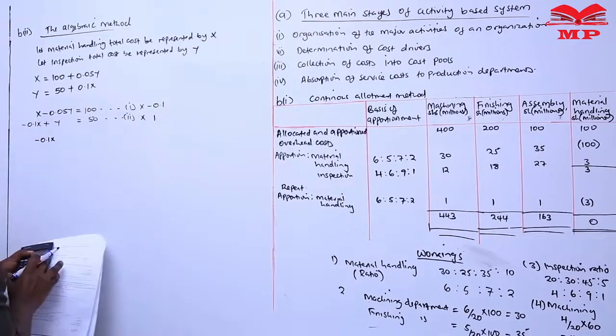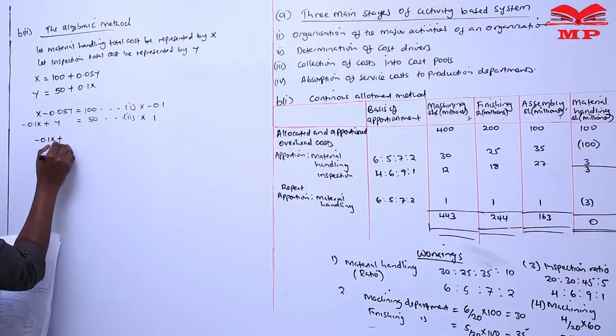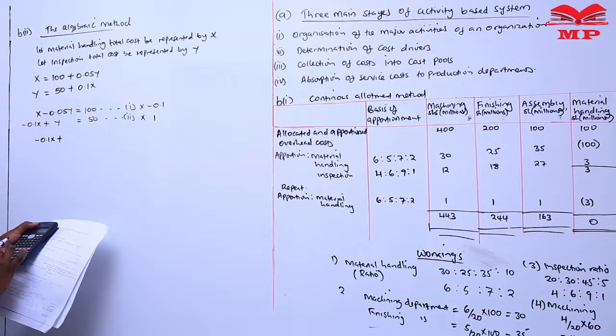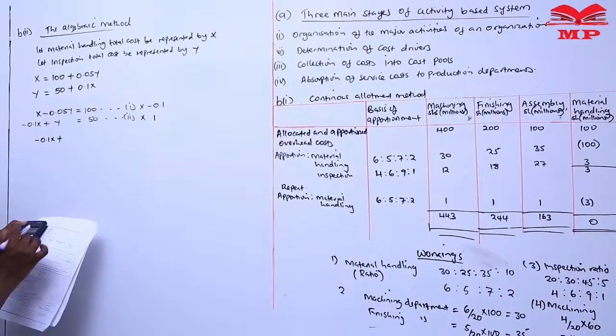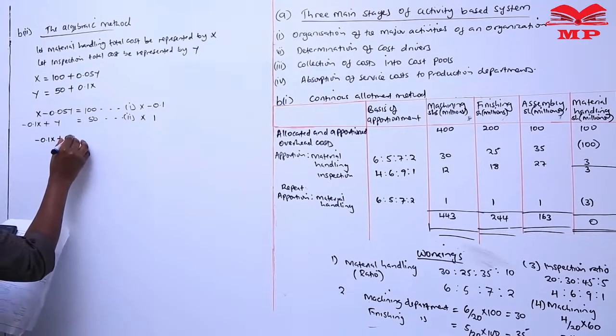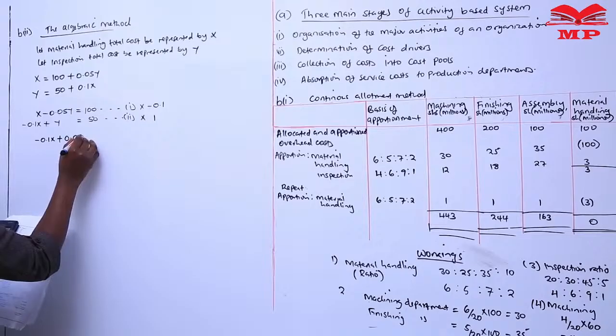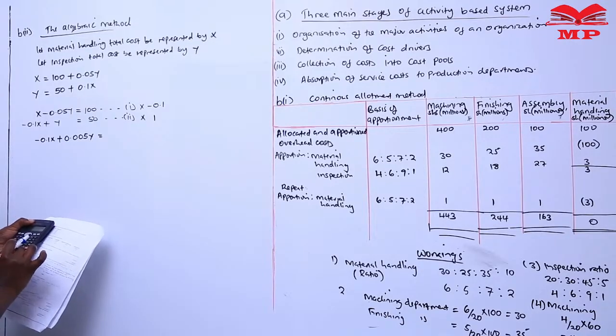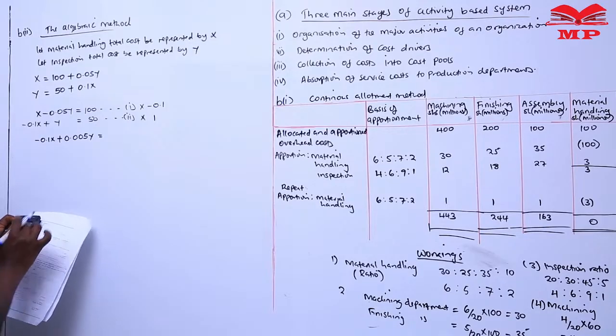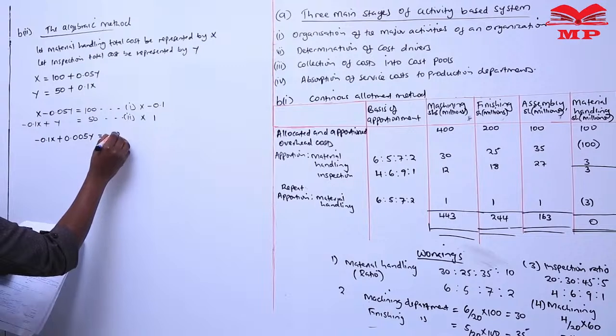A negative times a negative will be a positive, so we have 0.1 times 0.05, which gives 0.005 y equals 100 times negative 0.1, which will be equal to negative 10.